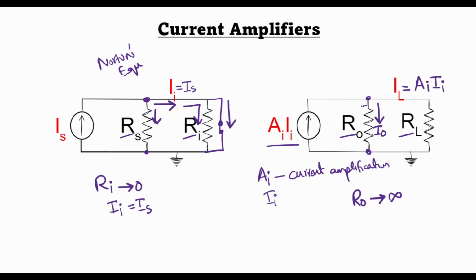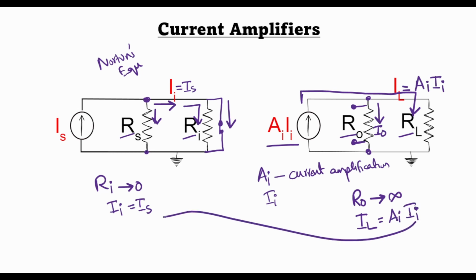That is, if we have an open circuit here, then all of this current will flow through the load and it won't flow through this open circuit. And therefore, the load current IL will become equal to AI times II. And II we can see from here is equal to IS. Therefore, the final relation for an ideal current amplifier becomes IL is equal to AI times IS. So this is the relation for a current amplifier.